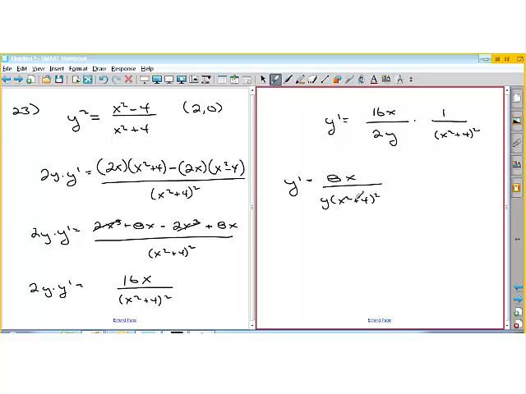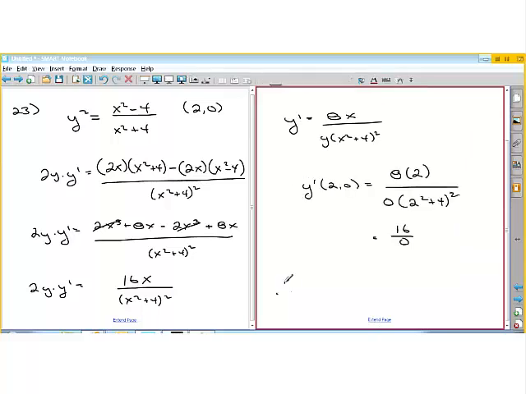Okay, let's check the answer. 8x over y times x squared plus 4 squared. That's it. So if we plug in 2 and 0, we get 8 times 2 divided by 0 times 2 squared plus 4 squared. 16 divided by 0, undefined.